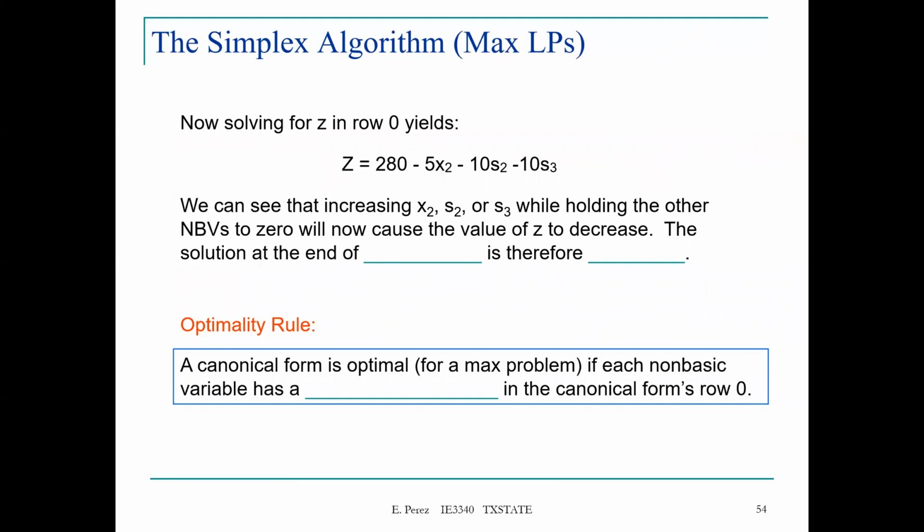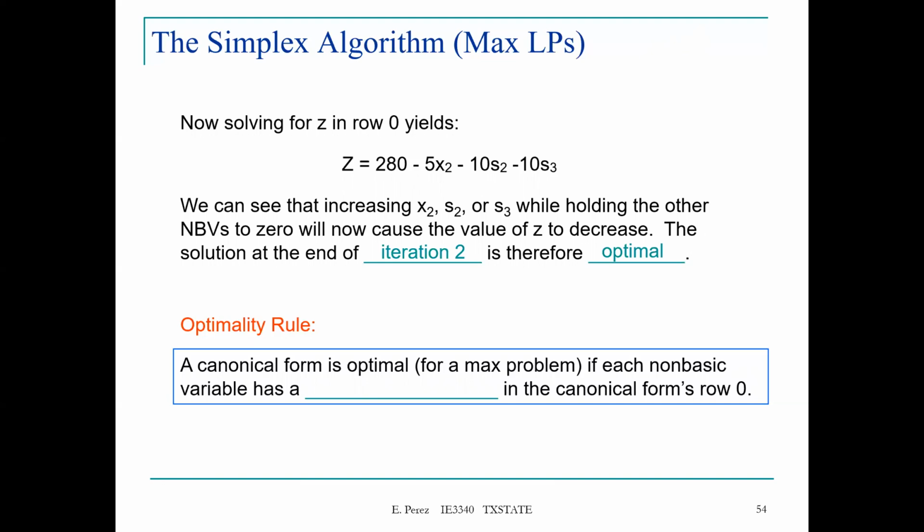Now solving Z in row 0 yields Z equals 280 minus 5X2 minus 10S2 minus 10S3. We can see that increasing X2, S2, or S3 while holding the other non-basic variables at 0 will now cause the value of Z to decrease. The solution at the end of iteration 2 is therefore optimal.